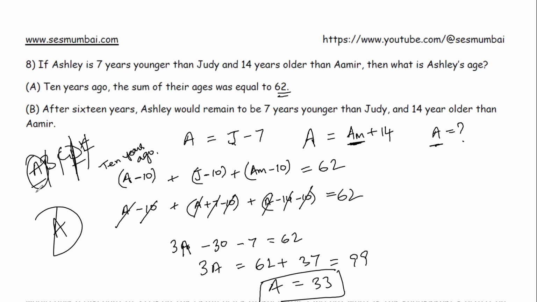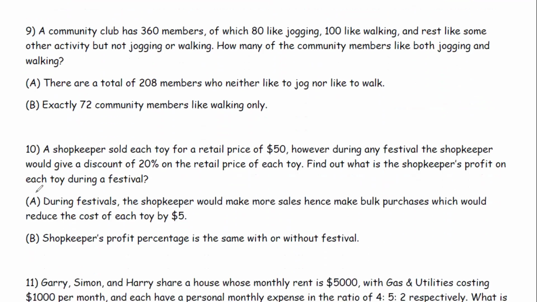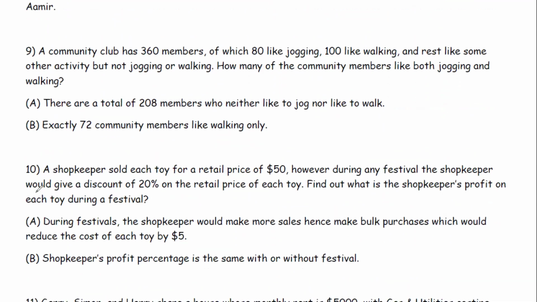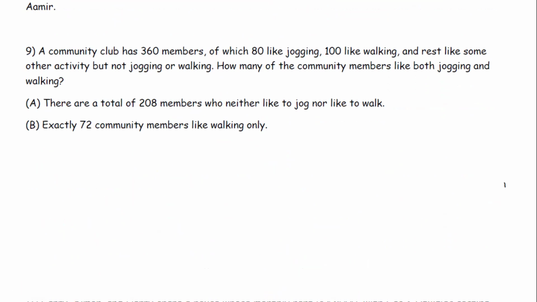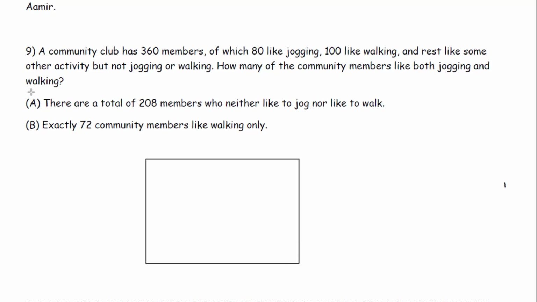Ninth one. So this is a Venn diagram question, or you can use the grid method. Let's see if you can solve it. Right. So what we have now is a Venn diagram question or a grid question.